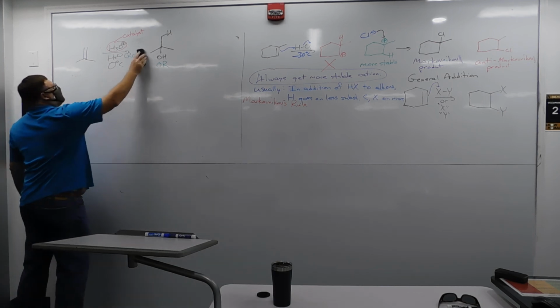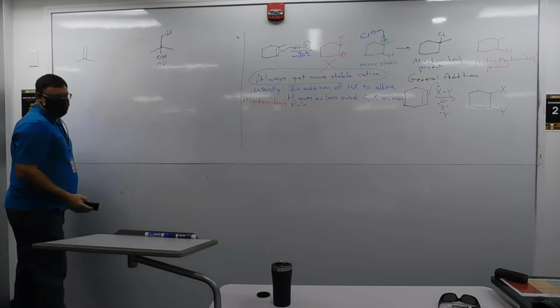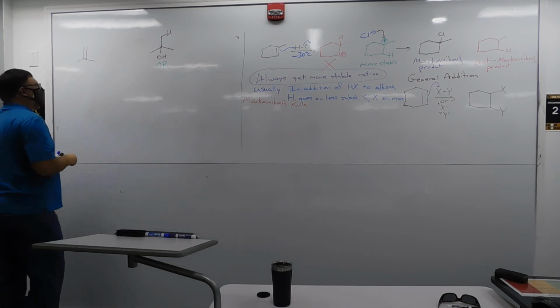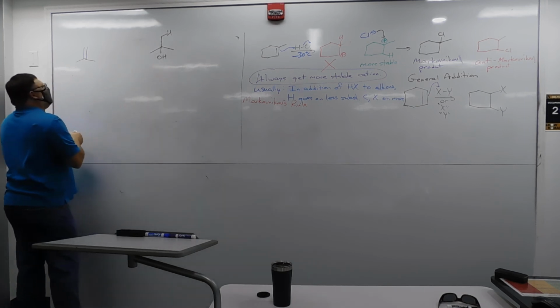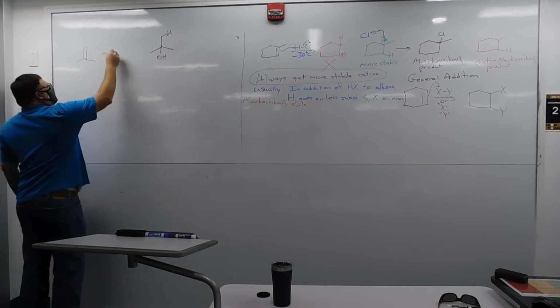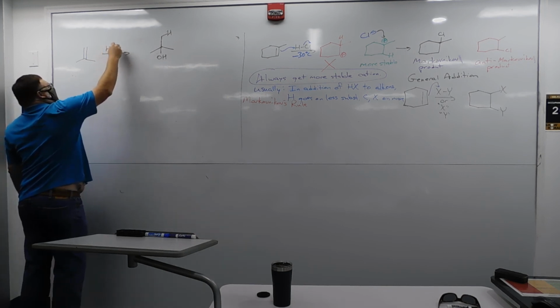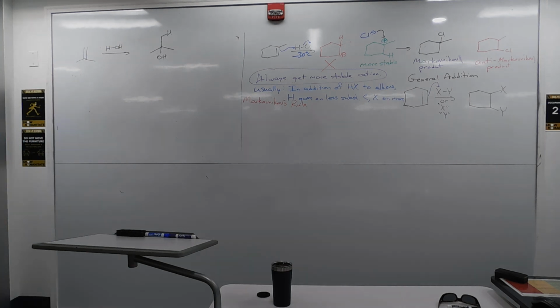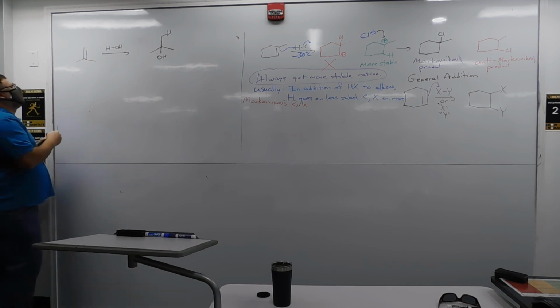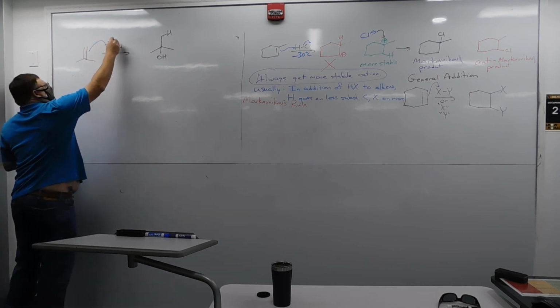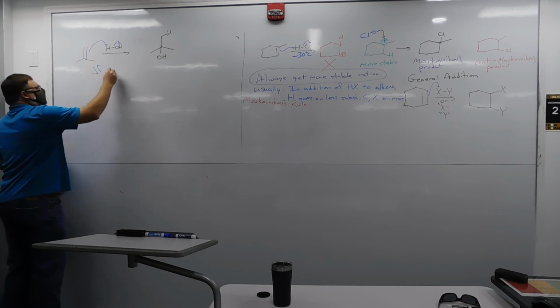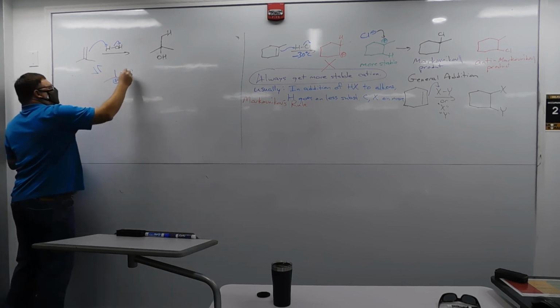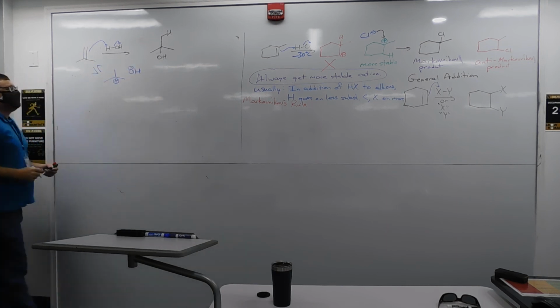The other thing you're going to see here is why we have to have acid. If this was simply H2O and the alkene attacking water, you'd get a carbocation and hydroxide.